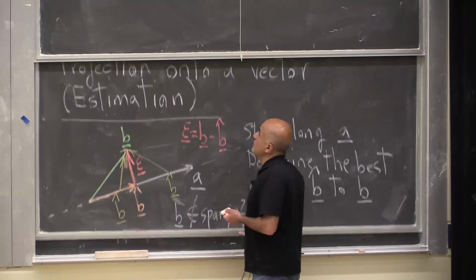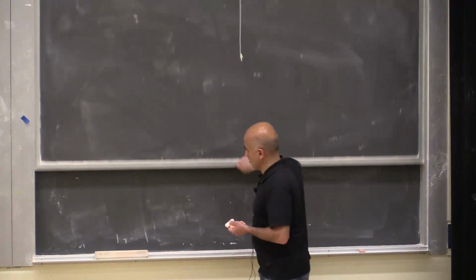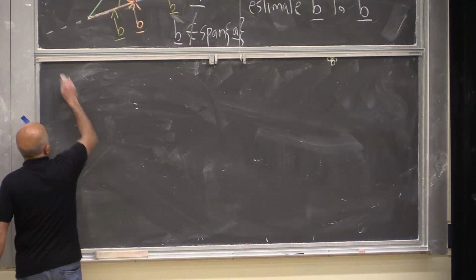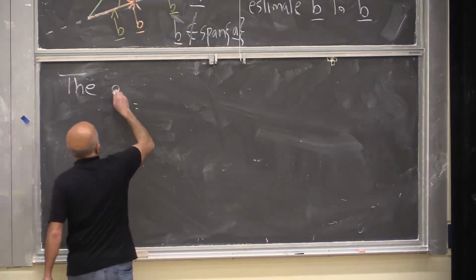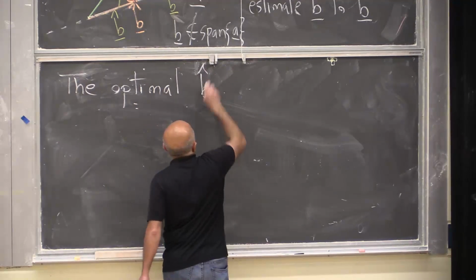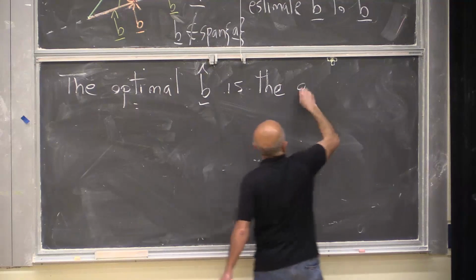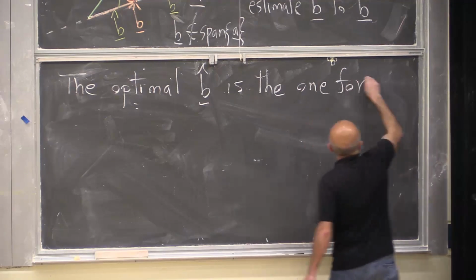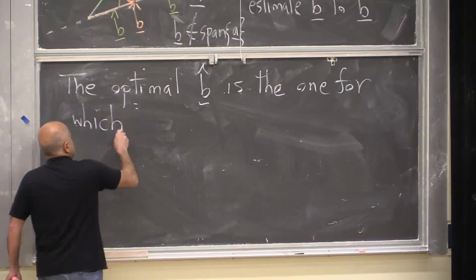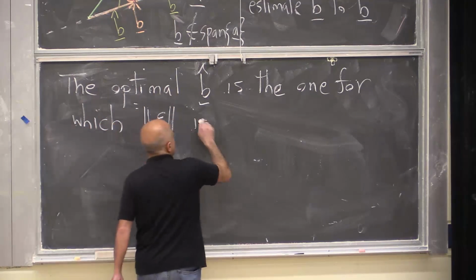So by looking at this picture geometrically, the optimal B hat is the one for which the error vector is minimized.